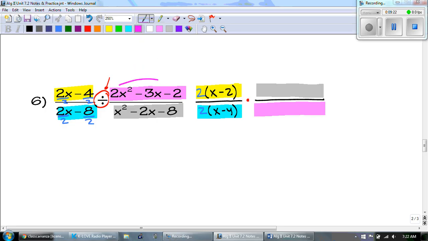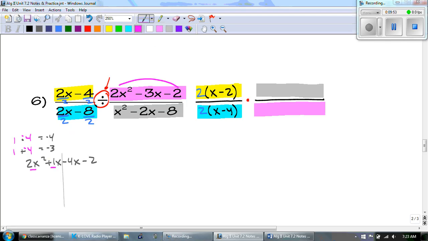So for the one in the pink, I'm looking for 2 times 2 is 4, and it's going to be -4. So I'm looking for numbers that multiply to -4 and add to get to -3. And those are 1 and 4, except the 4 is negative. Okay? So we have 2x squared plus 1x minus 4x minus 2.